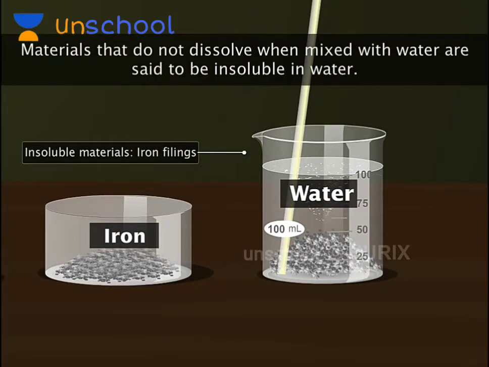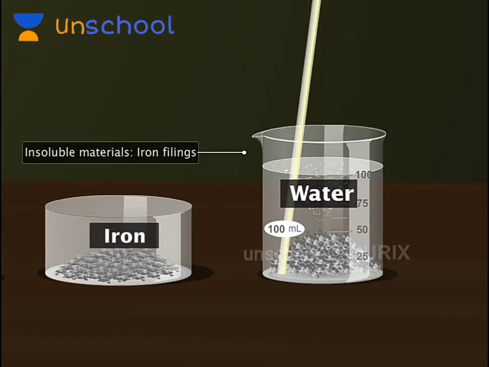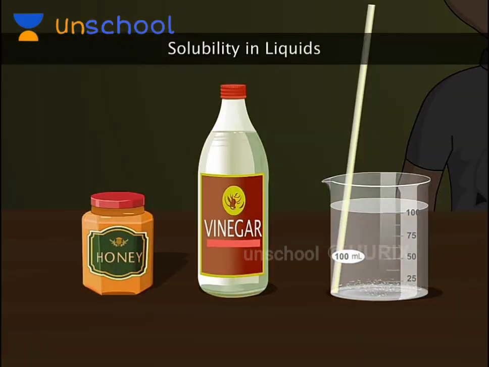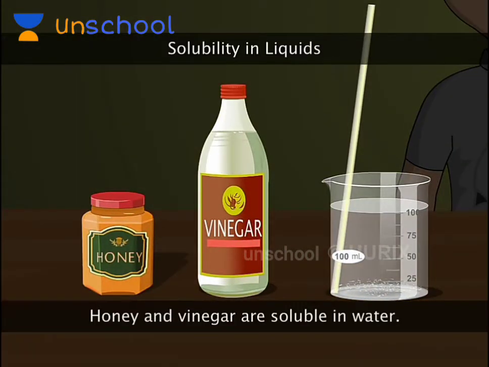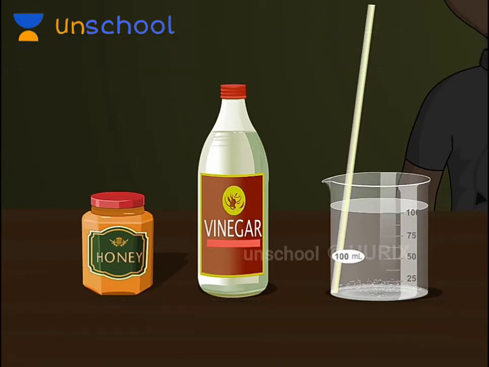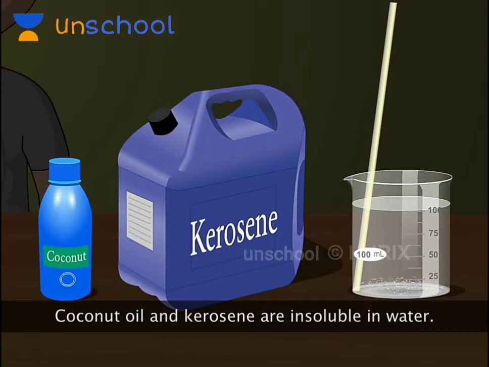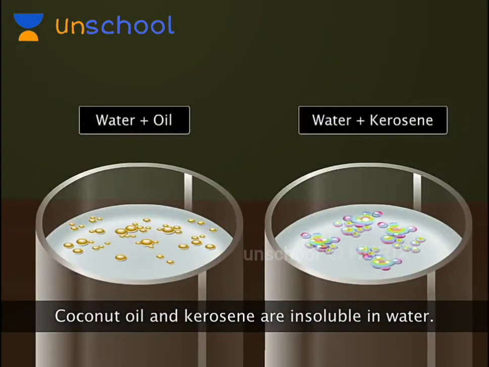Materials that do not dissolve when mixed with water are said to be insoluble in water. As well as solid materials, there are liquids such as honey and vinegar that dissolve in water. Liquids such as coconut oil and kerosene are insoluble in water.